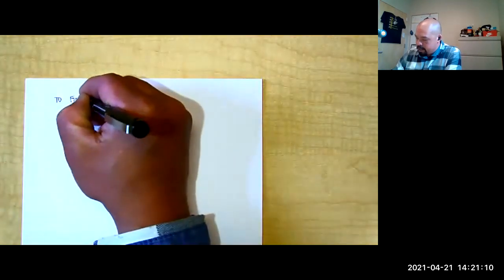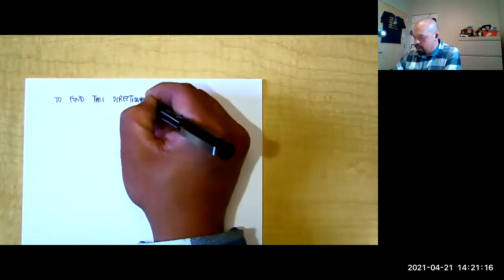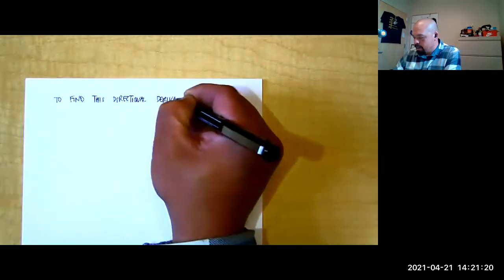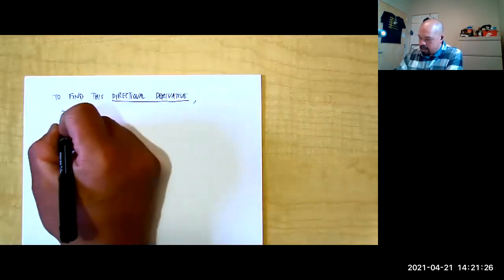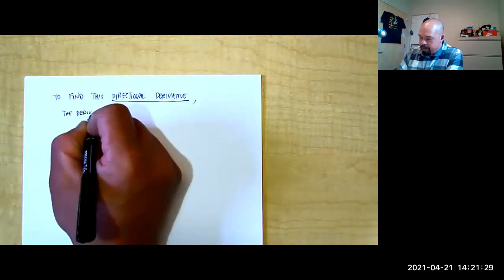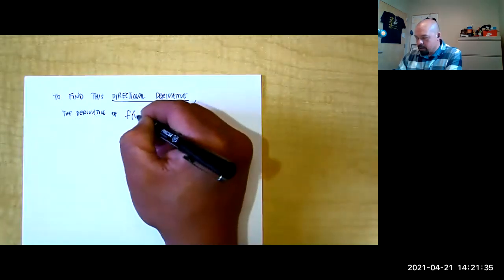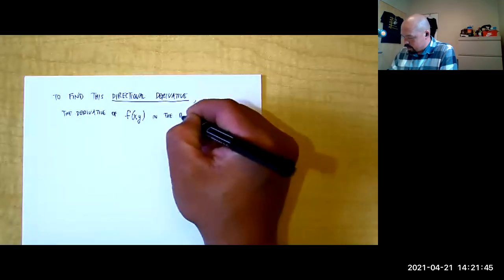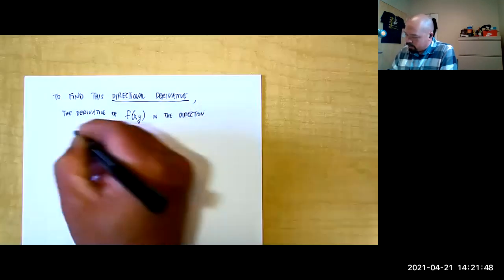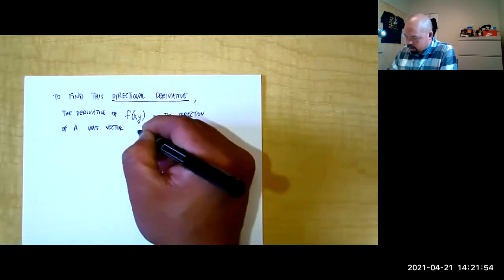So to find this directional derivative, that is the derivative of our function, we'll start off with 2 variables, but we can expand it to a function of 3 variables, 4 variables even, in the direction of a unit vector, we're going to call it u hat.